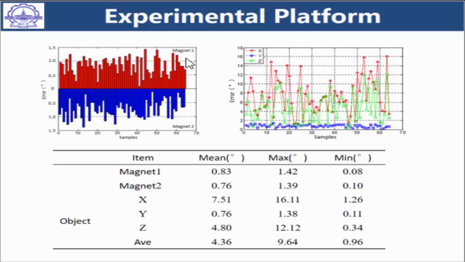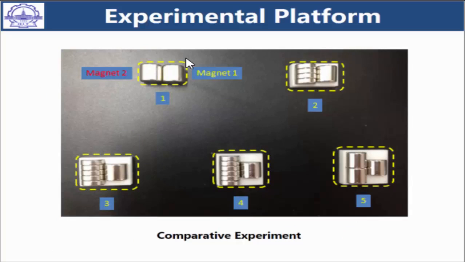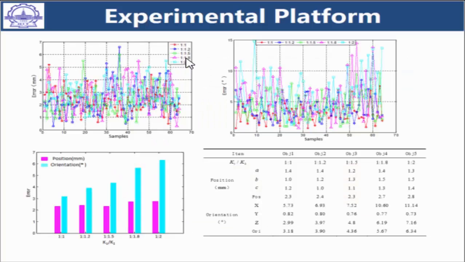And below, the table lists the orientation and the final orientation error. Also, we have done experiments to compare the different ratios between the volumes. And here is the result. You can see that with different ratios, the errors are different.